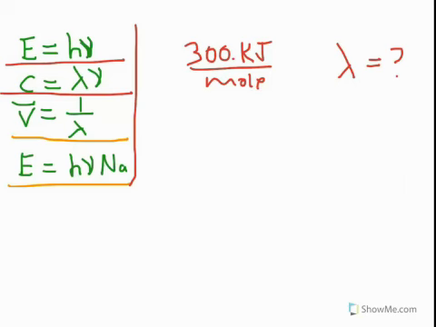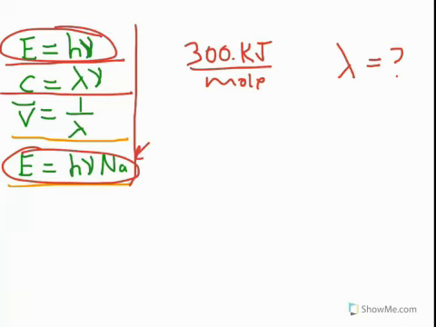I know I have energy, so I'm going to use either this equation or the top one. Since I have a per mole unit, it's going to be this equation, E equals H nu in A. Then I have to get to wavelength, so I can calculate frequency here, and use this equation as the second one to calculate the wavelength.